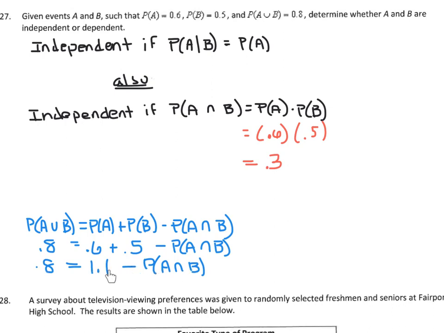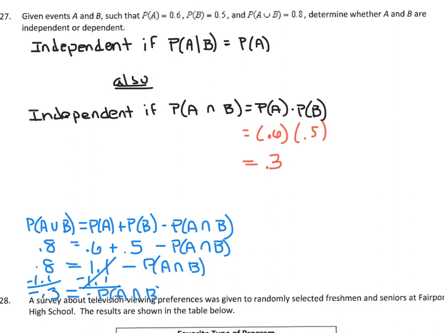Or, 11 minus what gives you 8? 11 minus 3, so this has to be 0.3. Or you could show all your work, which is totally fine as well. If we subtract, we wind up with negative 0.3 equals negative the probability of A and B.